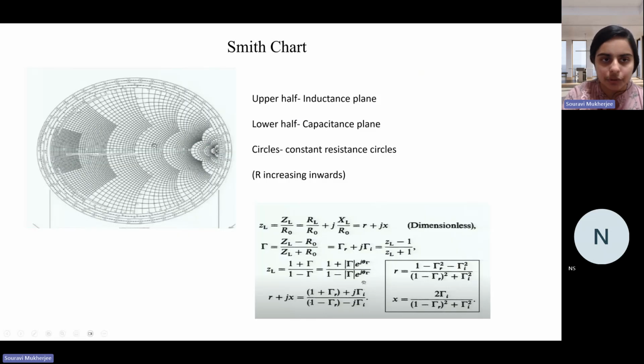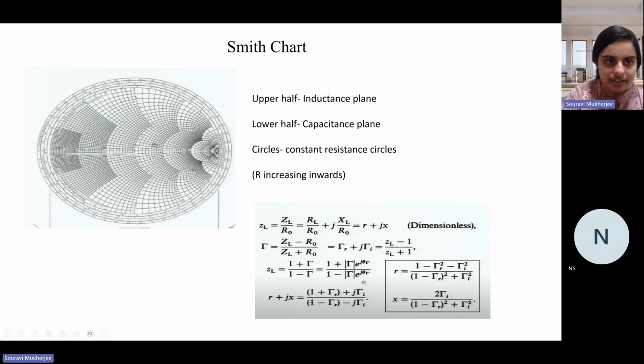Okay. So now this is how a typical Smith chart looks. If you consider this as an impedance chart, the upper half is the inductance plane, and the lower half is the capacitance plane. It's basically because of omega L and j into 1 by omega C, so because of that 1 by factor, the upper half is the inductance plane and the lower half is the capacitance plane.